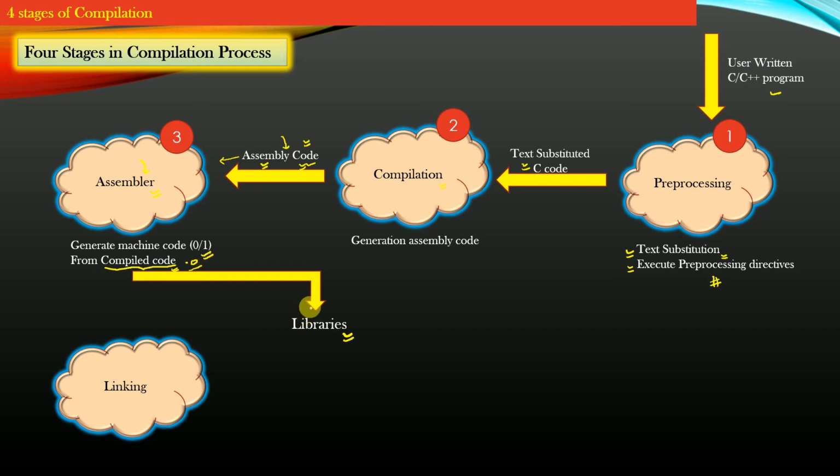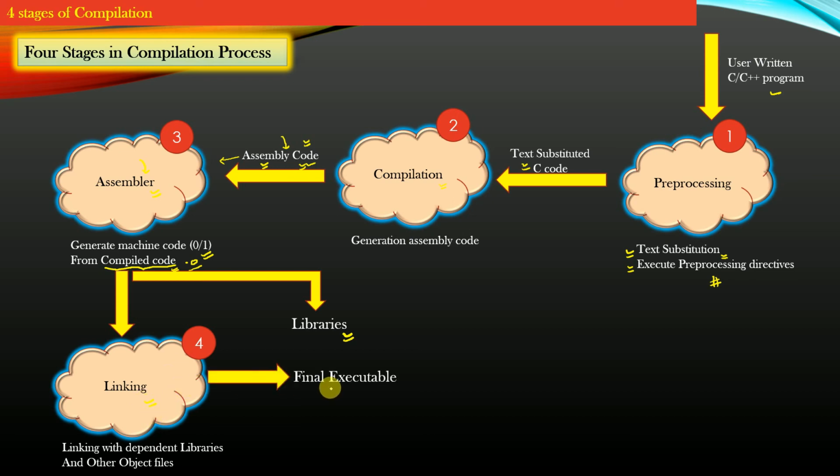And the second option is that if you do not want to reduce your program into a library, then you may subject your program to the linking process and finally produce an executable. But your program can be subjected to the linking process only under one condition: your program must have a main function. Unless your program has a main function, it cannot be subjected to linking. So linking is a process of creating an executable from the compiled machine code or object files.